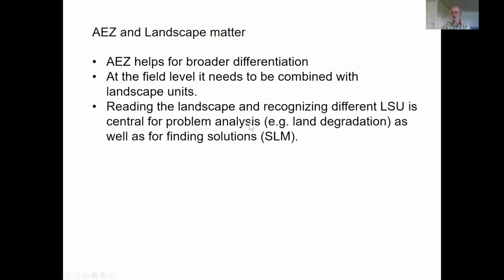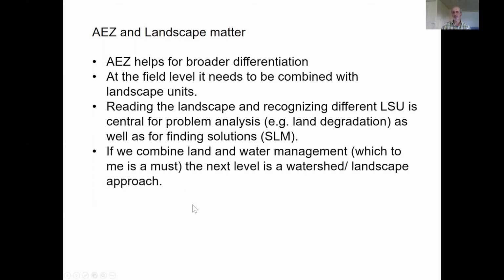Reading the landscape and recognizing different landscape units is central for the problem analysis, for instance, land degradation assessment, as well as finding solutions. Key. I cannot emphasize it more than enough.